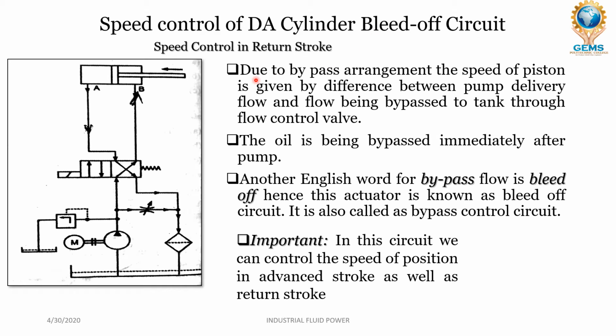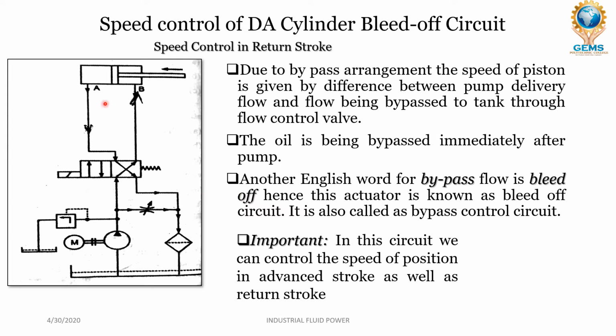And how does it happen in the return stroke? Due to the bypass arrangement, the speed of the piston is given by the difference between pump delivery flow and flow being bypassed to tank through the flow control valve.